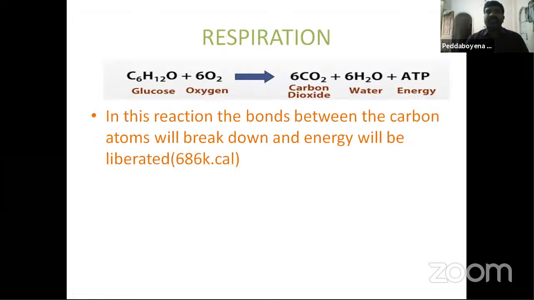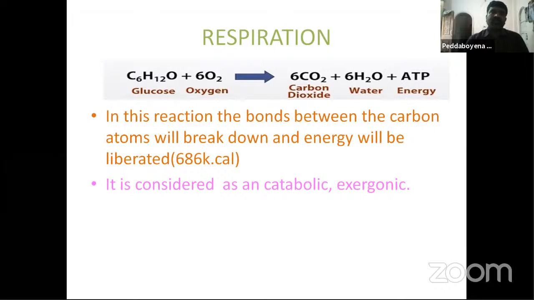In this reaction, the bonds between the carbon atoms break down and energy is liberated, 686 kilocalories. So it is considered a catabolic and exergonic reaction.